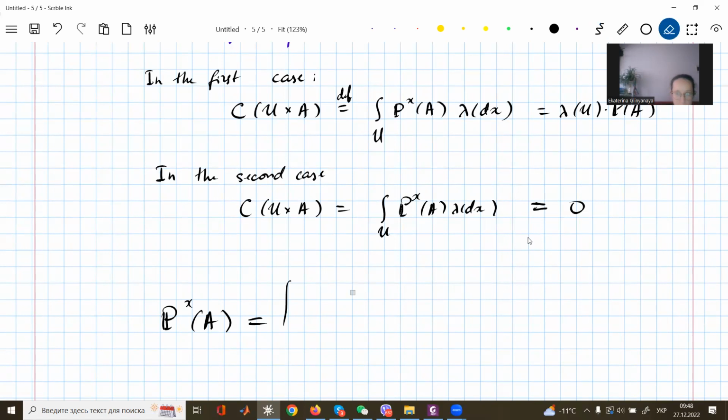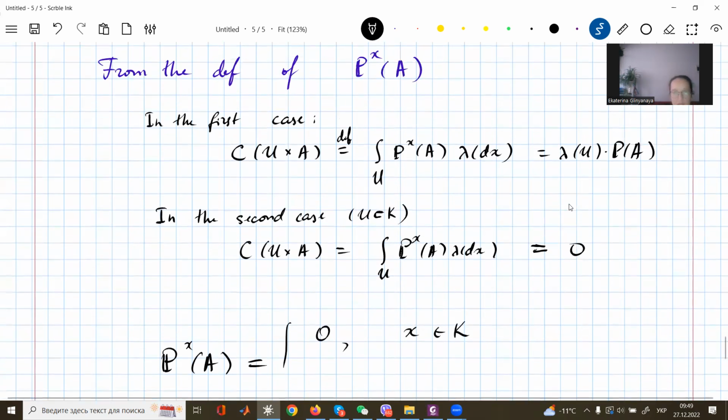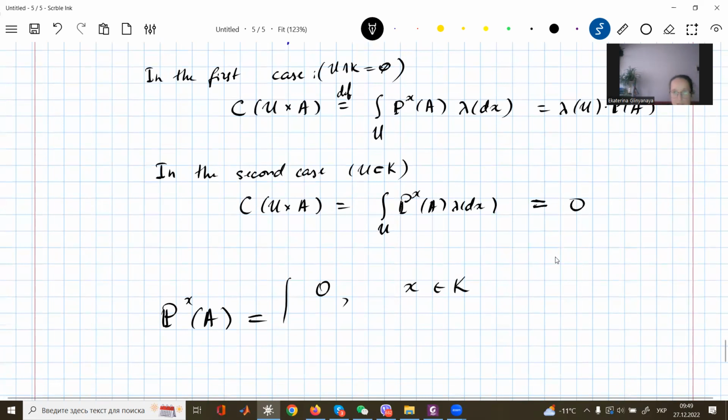I will write here 0 if x belongs to K, in the case when U is a subset of K. And in the first case, U intersect K was equal to the empty set, so x does not belong to K, and in this case we have just the probability of A.